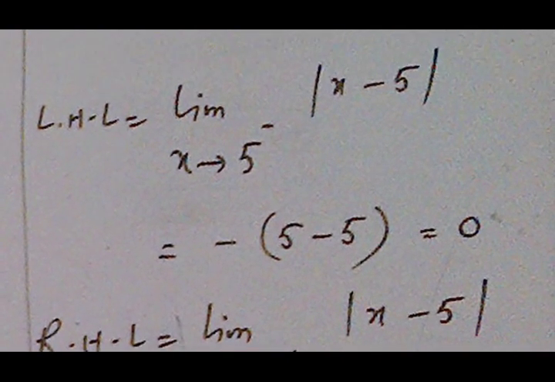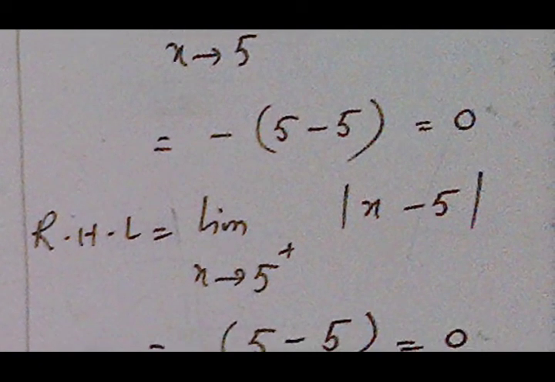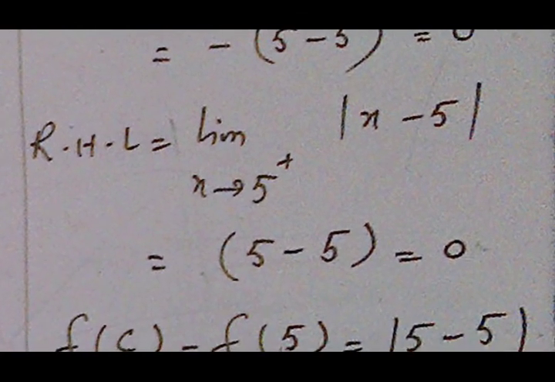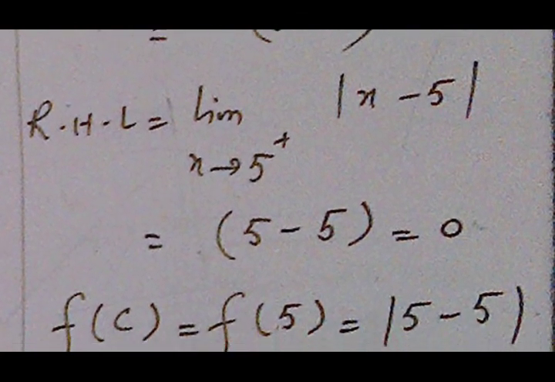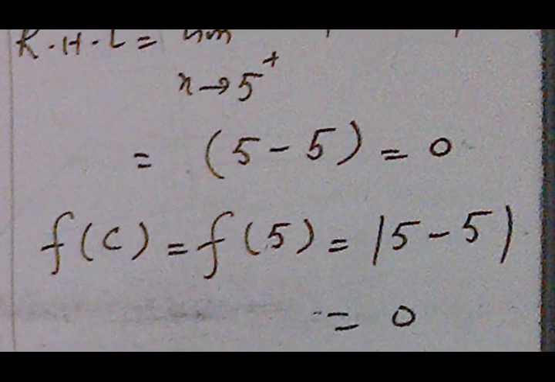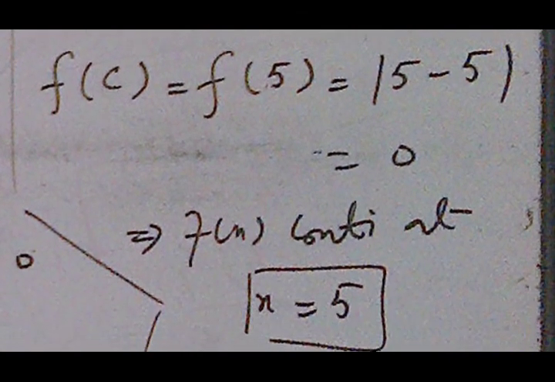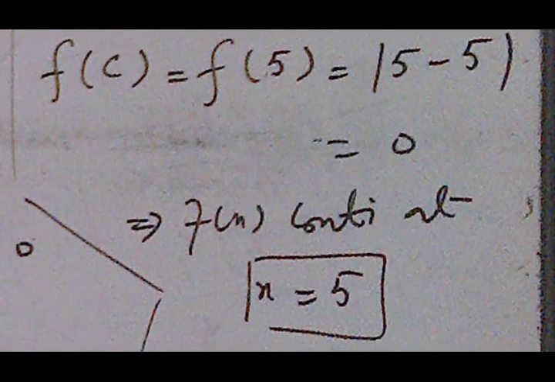We remove the magnitude and mention minus, but at the end it gives 0. For x tends to 5 with plus sign, it means a value greater than 5, but it also gives 0, and f of c is also 0, therefore the function is continuous at x equal to 5.